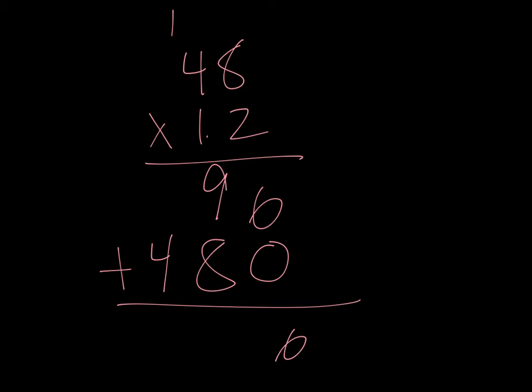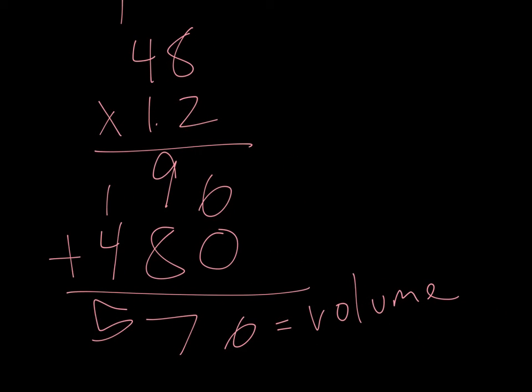I got 6, 7, 1, 576. And with that number, I now know the volume of the triangular prism that we were looking at before. 576, oh, and I forgot to put our units, centimeters cubed.